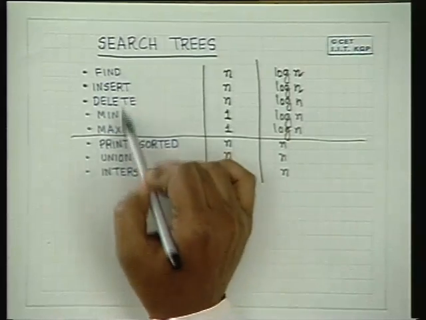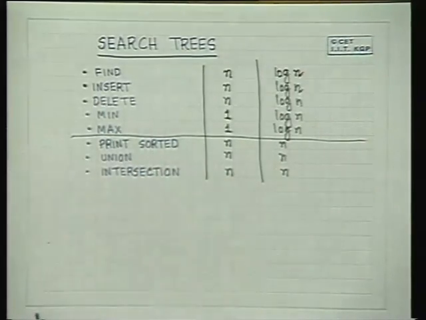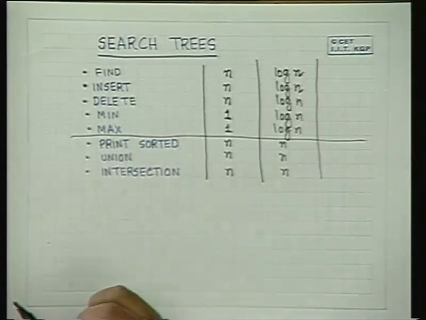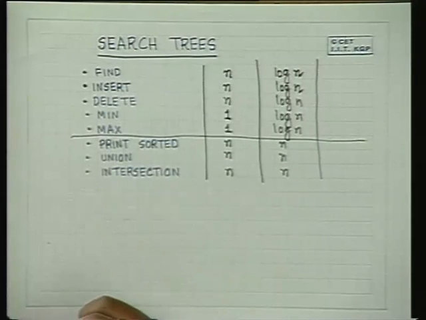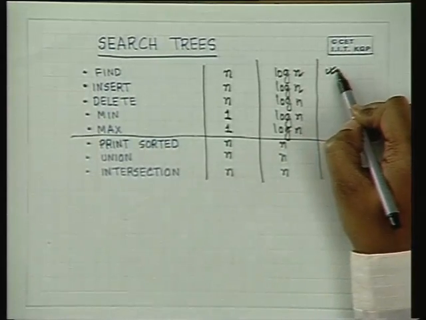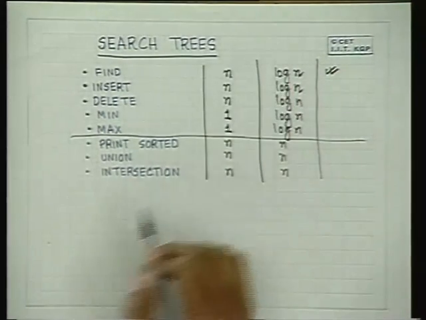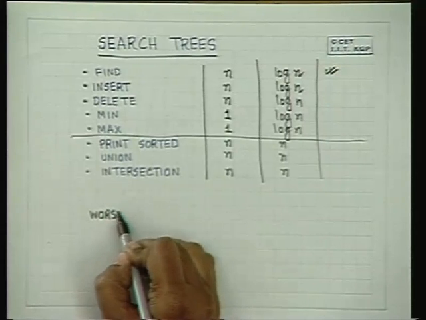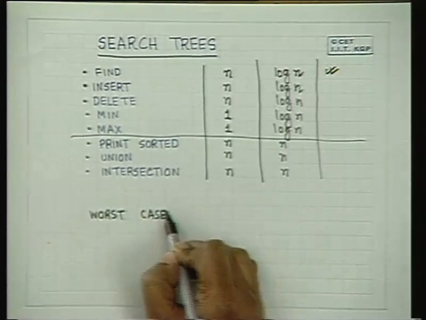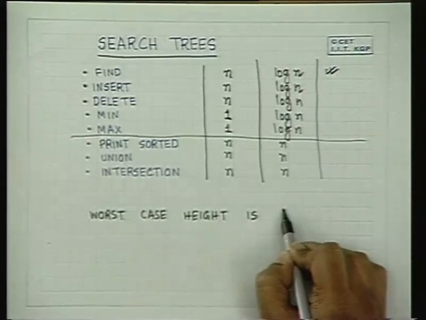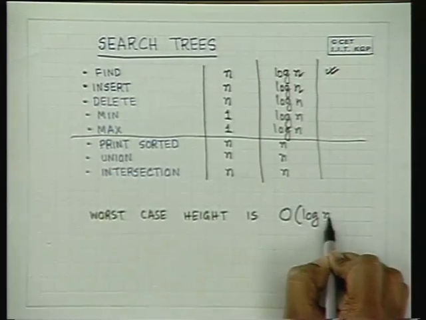Now it depends on the frequency in which these operations come, but the question is still this is the best case. So can you modify the data structure so as to ensure that we will achieve this? Search trees where during insertion and deletion you try to make sure that the worst case height is order log of n.